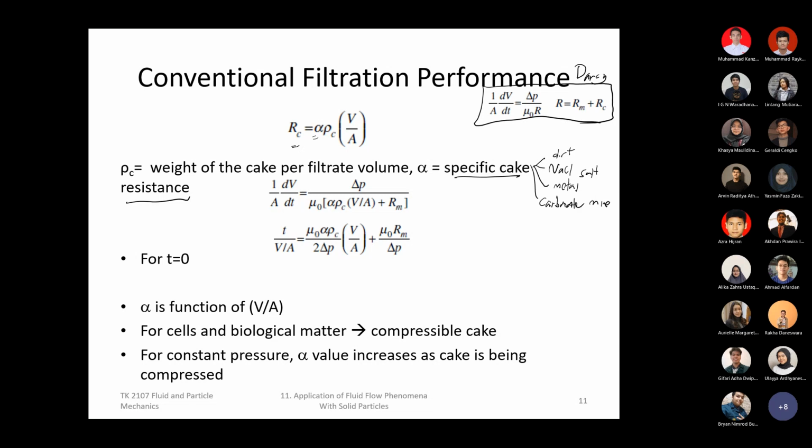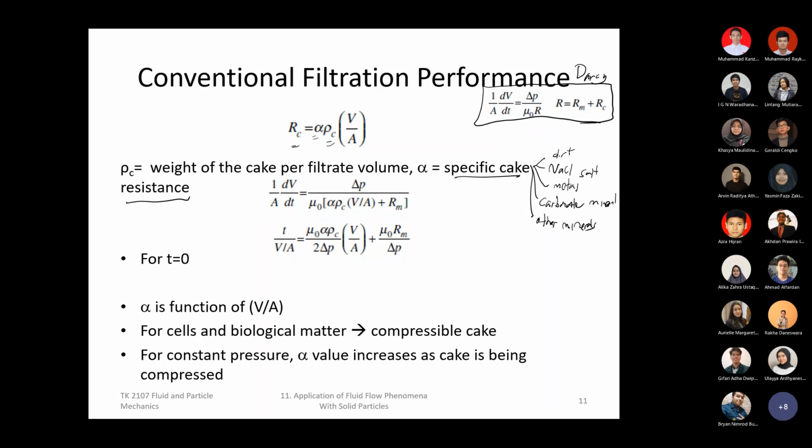Other salts, other minerals, all of these cakes will have different alpha. That must be measured in an experimental setup. Once we know it, we can apply it into this correlation. So that's the alpha. What else?